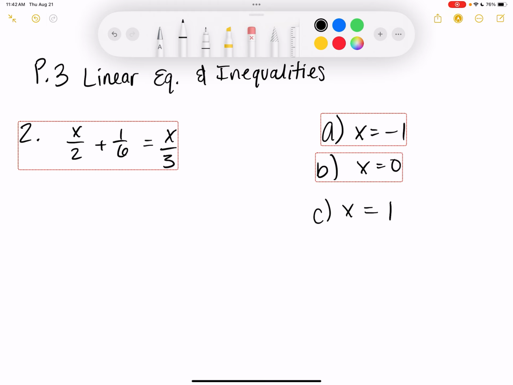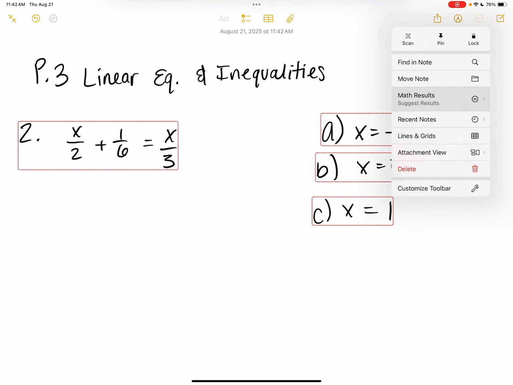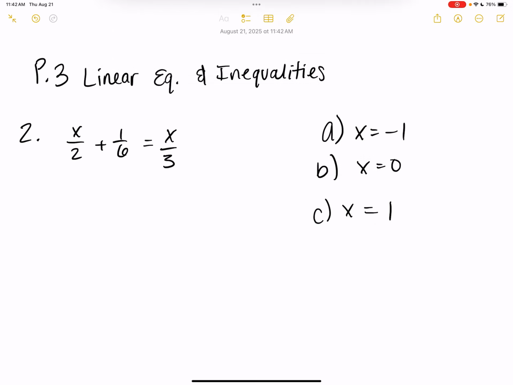And we're seeing which ones basically solve this equation. So we can go about this 2 different ways. We can either just plug in each of these numbers and see if it makes it true, or we can just solve the equation. I'm going to solve the equation because it'll be faster. But if you want to do it a different way when you do your homework, that's fine too.